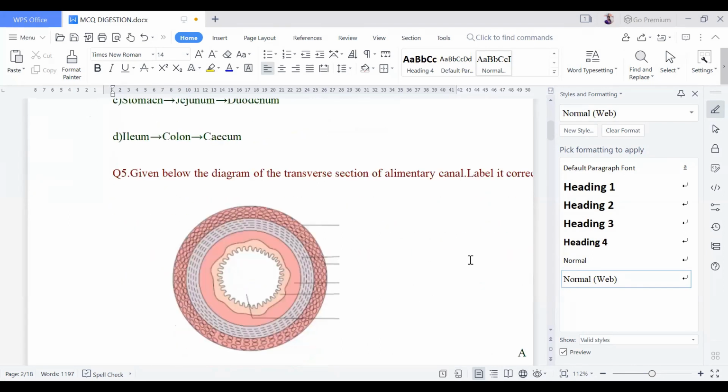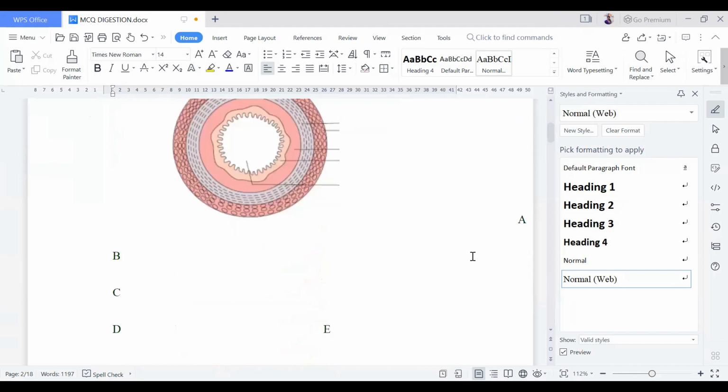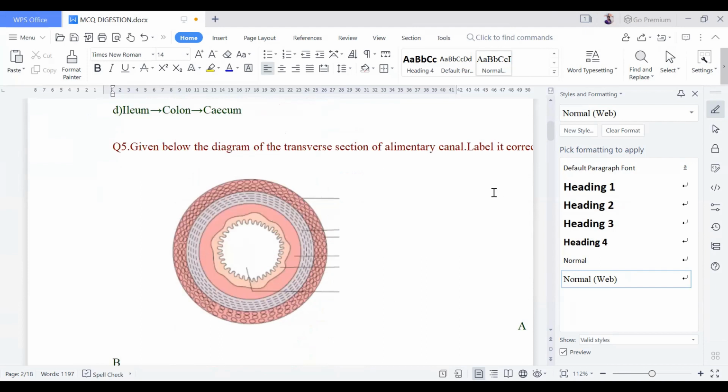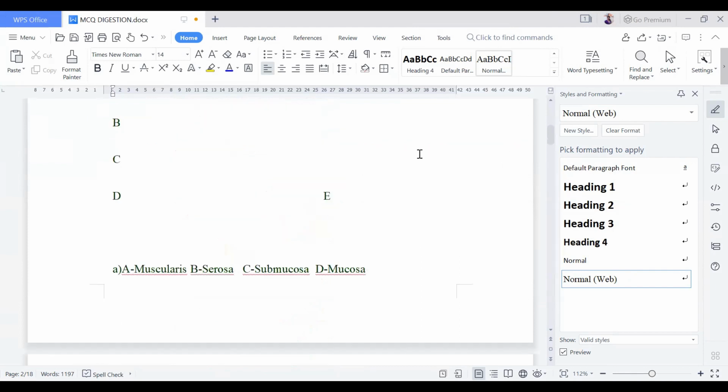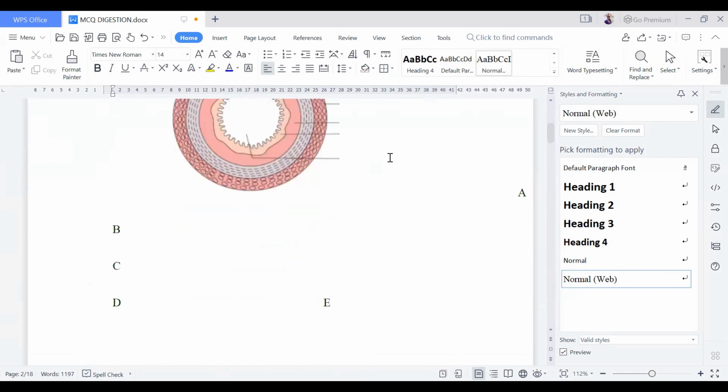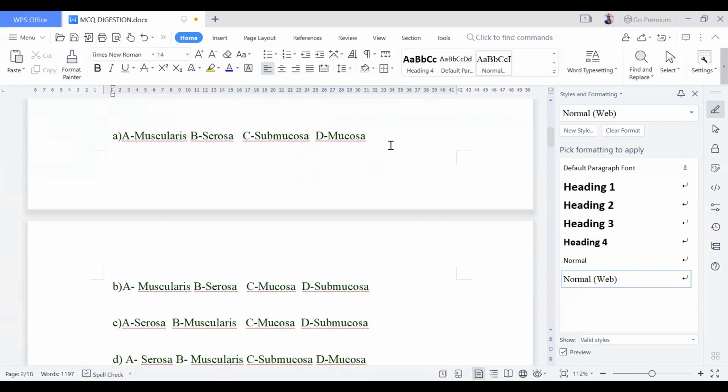You have to label which is A, B, C, D. But here the labels A, B, C, D are not given. So I will rectify the question and I will let you know in the next session. Okay? Fine.